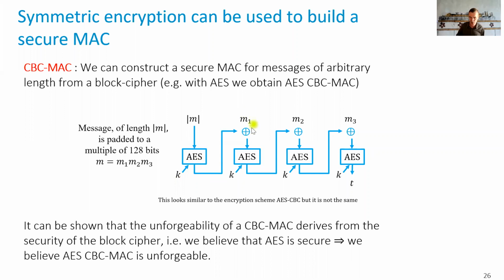Then we obtain a first block that is XORed with the next part of the message, and so on, until at the end we obtain just a little block of 128 bits, which is the tag. This is where we finished last week.